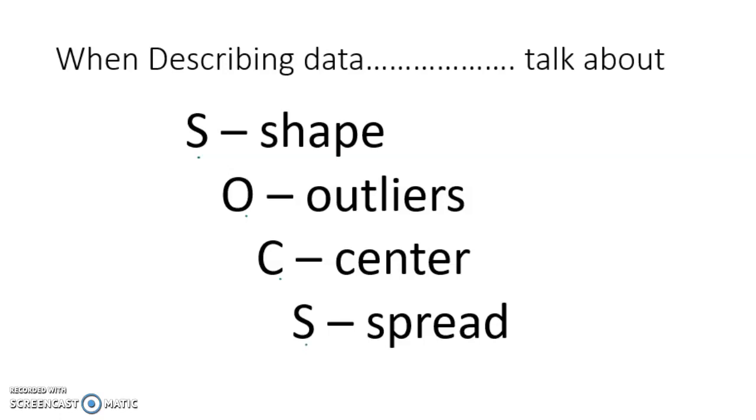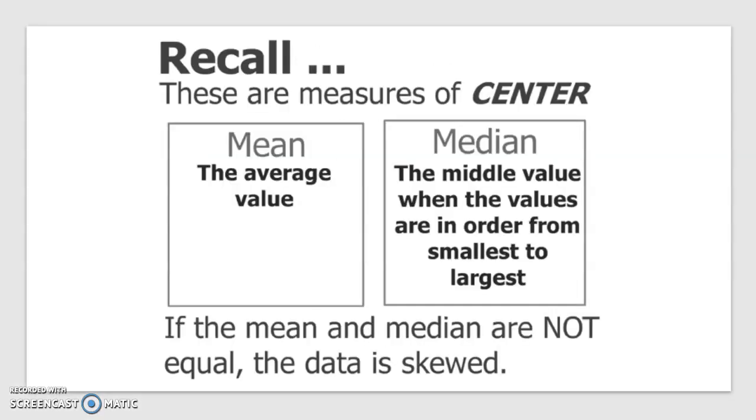Some more detail for those. Recall, these are the measures of center. We like the mean, which is the average value, and of course the median, the middle value when the values are in order from smallest to largest. If the mean and the median are not the same, that means your data is skewed one direction or the other.